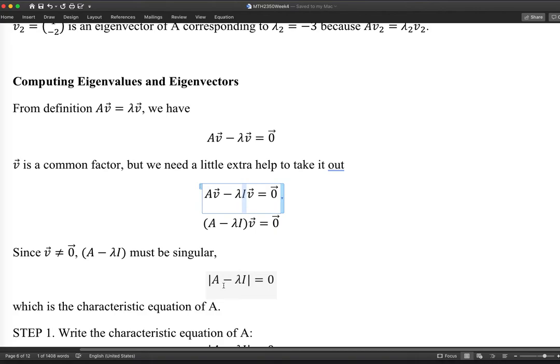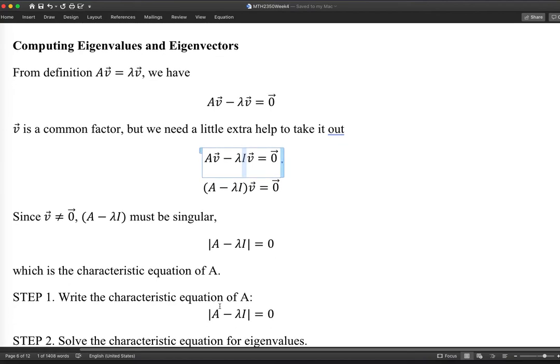As long as we can solve the polynomial equation, we should be able to solve for the eigenvalue, the lambda here. Lambda is the root of the corresponding characteristic equation. That is how we find the eigenvalue.